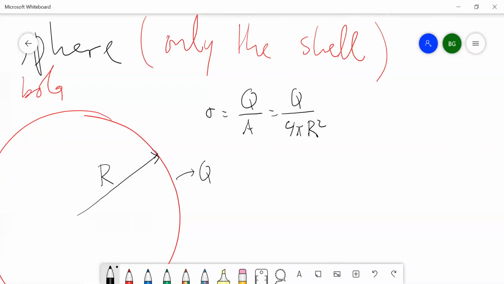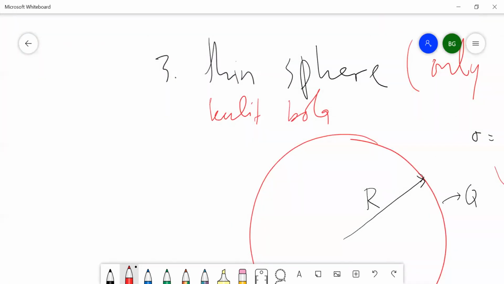I have assumed that this is uniform, just for simplicity. Uniform means constant.